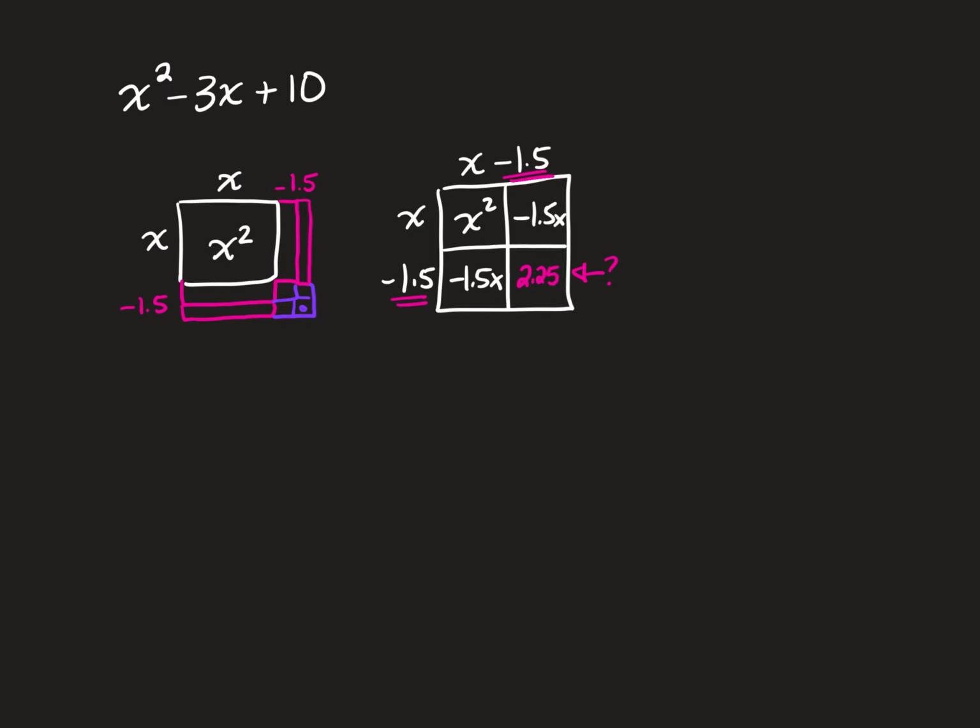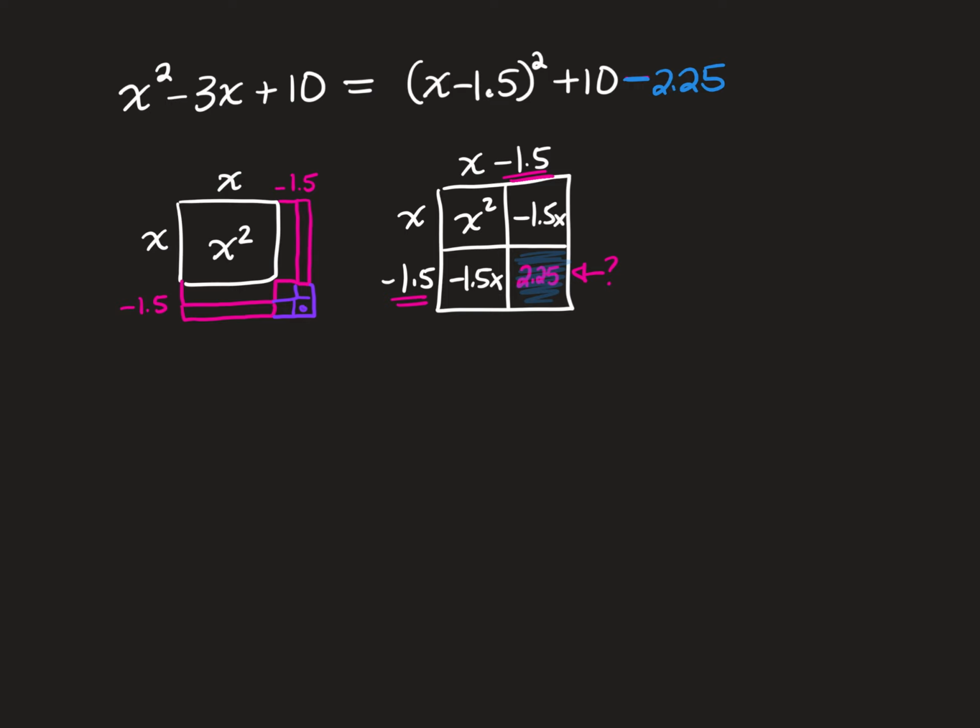So if I wanted to rewrite this expression, I could rewrite it as x minus 1.5 squared. Now I'm going to add the 10 on at the end, just like I would, because that's what I had in the original expression. And then I'm always just going to subtract whatever I put in the unit part of my box. So this right here, I'm going to go ahead and subtract 2.25.